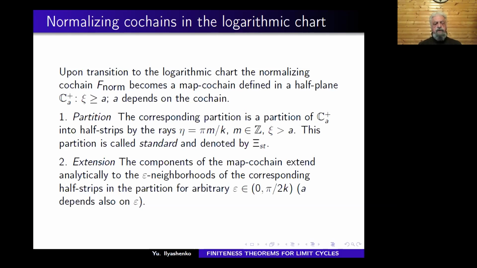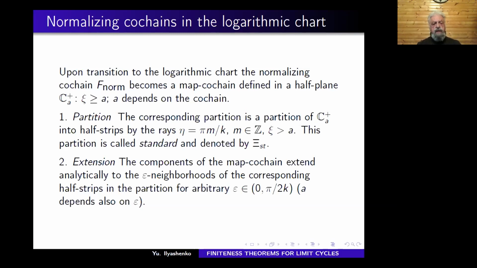One of the rays of the partition is the positive real axis. The components of the map cochain are defined in the half strips of this partition, and may be extended in epsilon, the width is not pi, but pi divided by k.